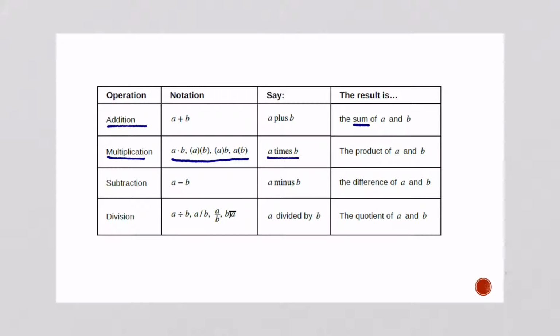And then it's pronounced like that, or you could say that. The result is your product. So multiplication and product go together. Subtraction, the word difference means subtraction. Division, and we use the word quotient for division. These vocabulary words are very, very important for you to understand.